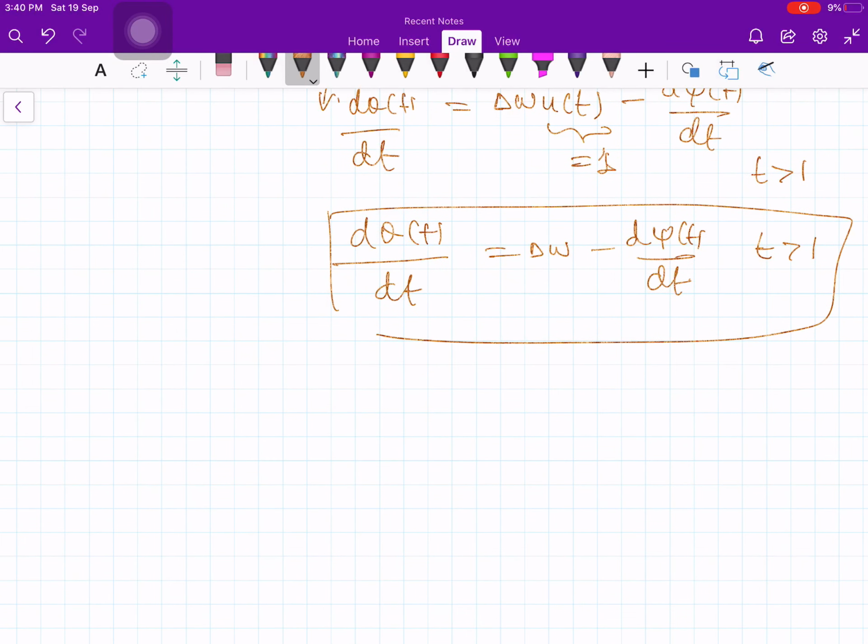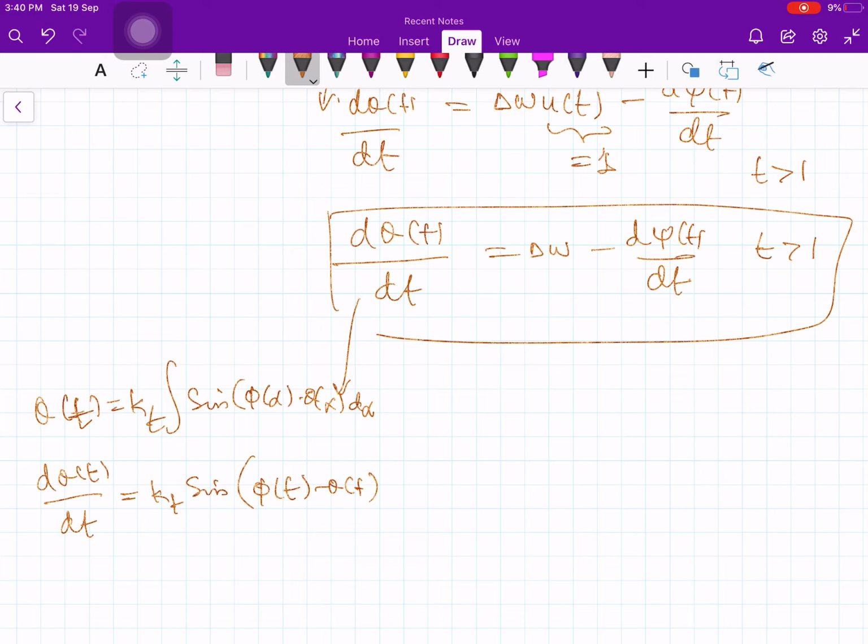Now what is this d theta by dt equal to? Do you remember? Recall from your figure, okay? So your theta of t is equal to k suffix t integral of sine of phi of alpha minus theta of alpha times d alpha. If you take d theta of t by dt, then it becomes k suffix t times sine of phi of t minus theta of t. So substitute back here.